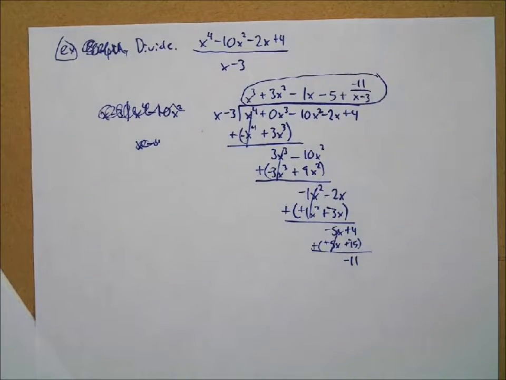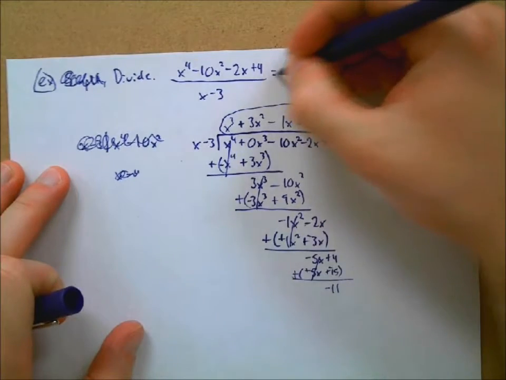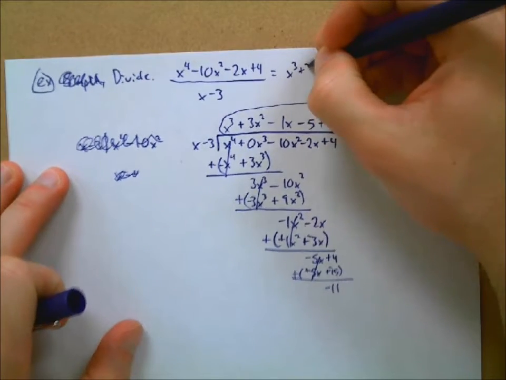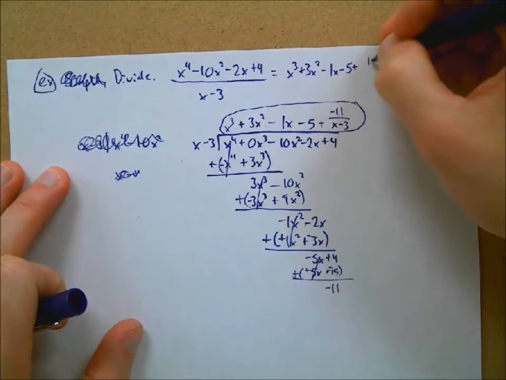Does x minus 3 evenly divide our polynomial x to the fourth minus 10x squared minus 2x plus 4? No, because there is a remainder of something that's not 0. Yeah, remainder is not 0. That's right. In this case, we can say, if we wanted to, x to the third plus 3x squared minus 1x minus 5 plus negative 11 over x minus 3.